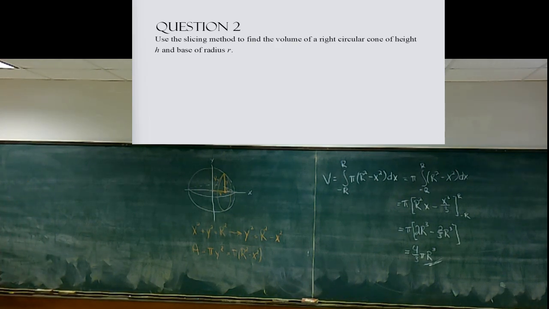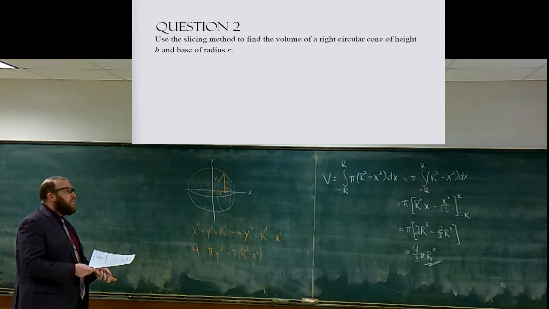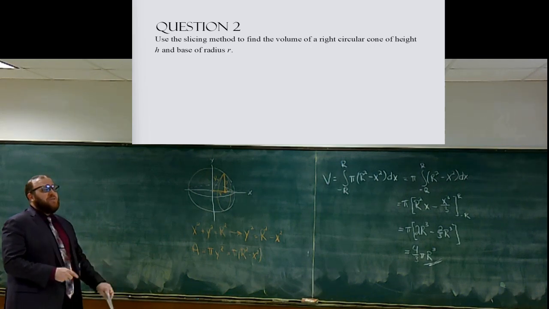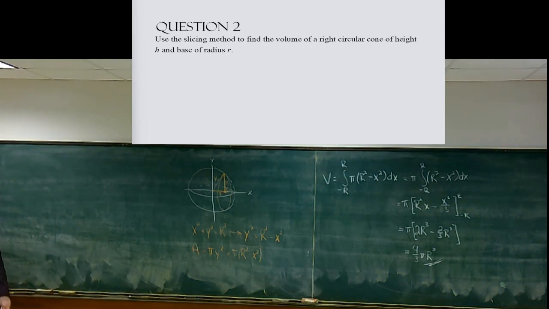A right circular cone has height h and base with radius r. You'll learn in Calc 3 that a cone itself has a specific definition. And the cone that you're most used to is called a right circular cone. It's just a special cone. In general, cones do not look like that.